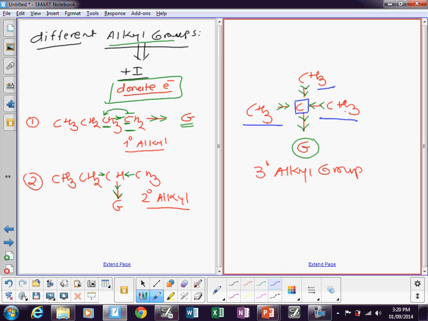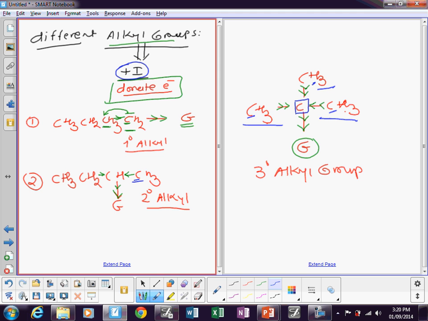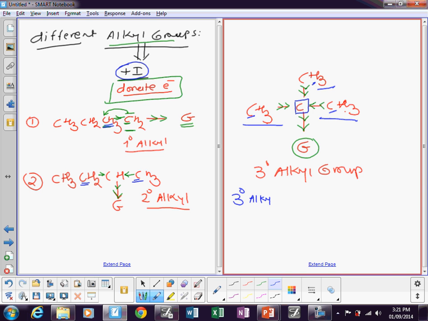So all of them are positive inductive groups, all 3 of them. But here you can see 1, 2, and 3 carbons are supporting the main carbon. Here 2 carbons are supporting the main carbon, and here only 1 carbon is supporting the main carbon. That's why tertiary alkyl group always has higher positive inductive effect than secondary, and then primary.